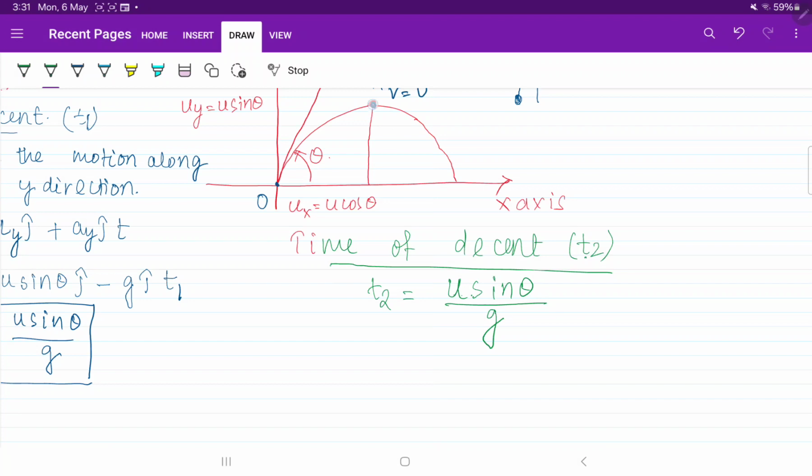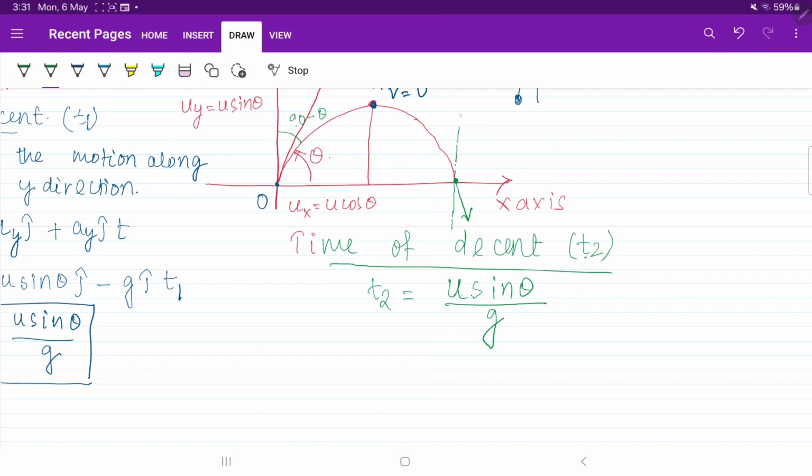You can see clearly that at the highest point the velocity is 0, so we have to find what the velocity is when it hits the ground. So you can clearly see that this angle is theta, then this is 90 minus theta.